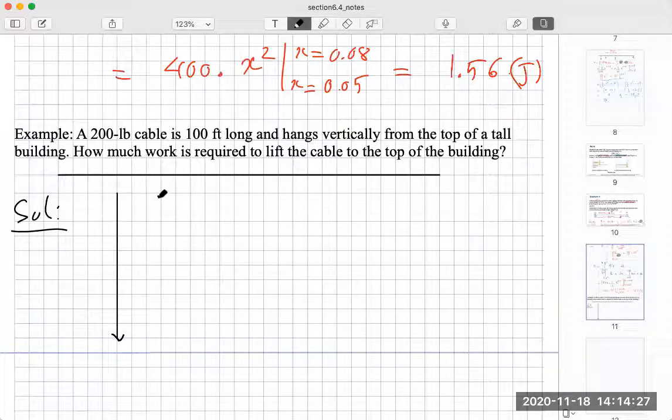Suppose the building is like this. The height of this building is 100 feet. So there, let us place the origin right here on the top of the building.